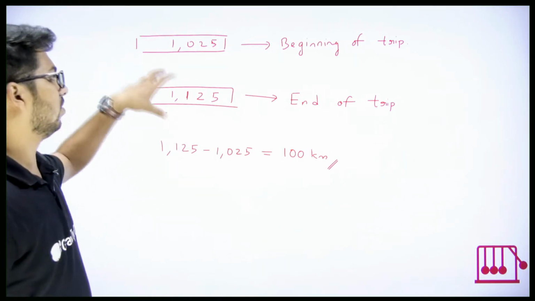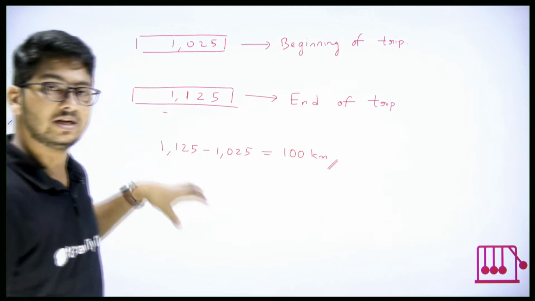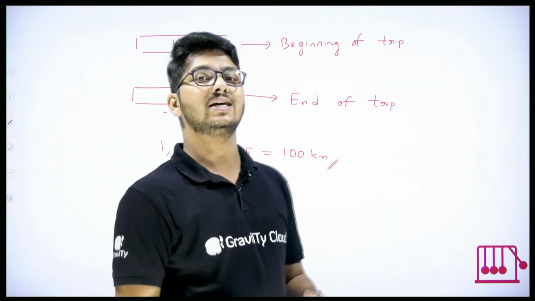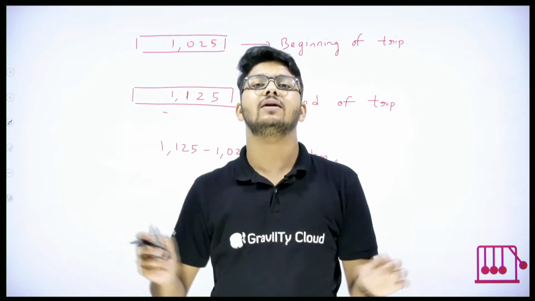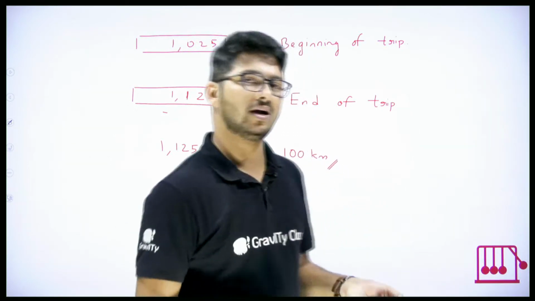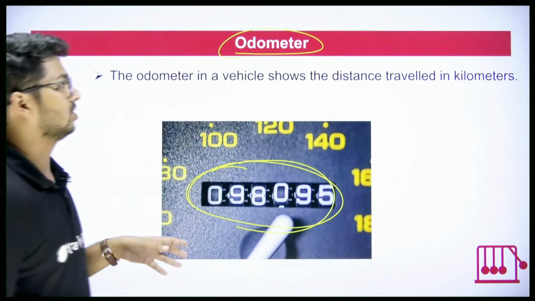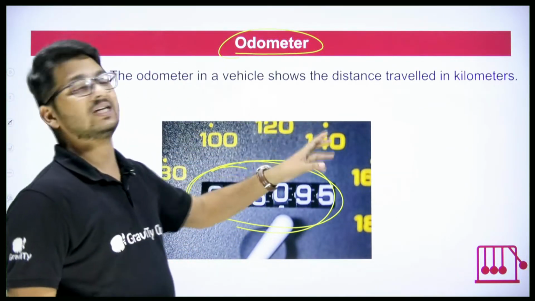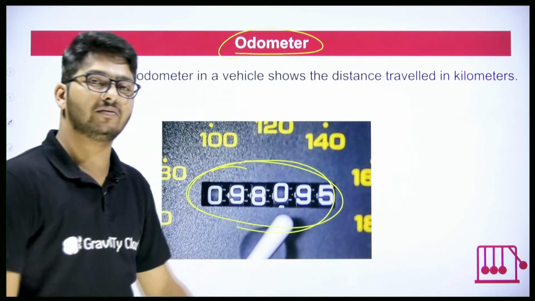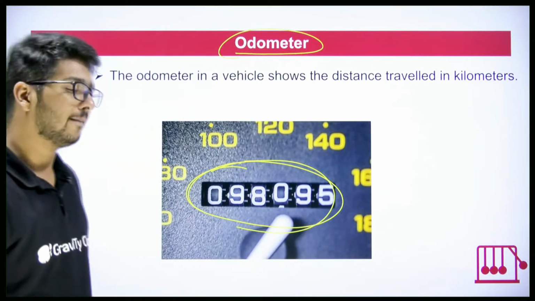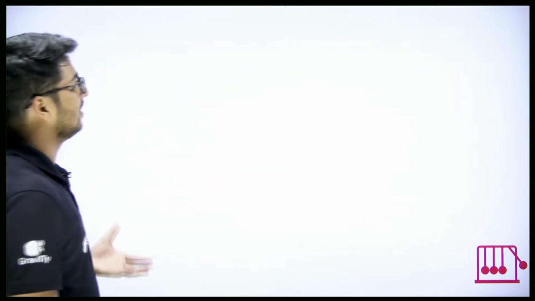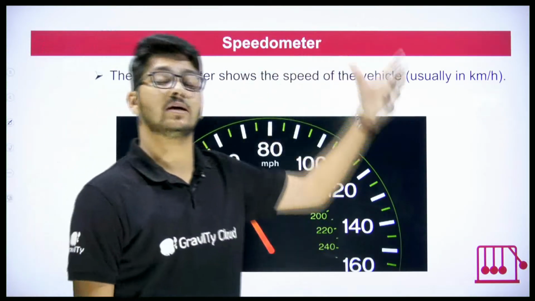So using the readings in the odometer, we can measure the distance traveled by the vehicle for a trip. And what does the odometer show us? The odometer shows us the distance traveled in kilometers by the vehicle throughout its lifetime. Clear? Good.